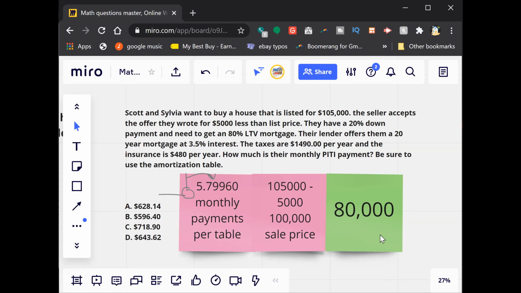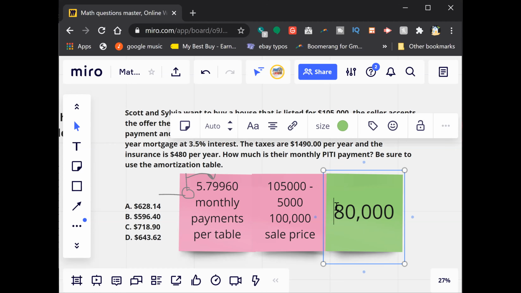Now that we know the loan, I need to figure out the principal, interest, tax, and insurance. So how did we get the 80,000? That's 100,000 times 0.8. And so what I did was I skipped a step.